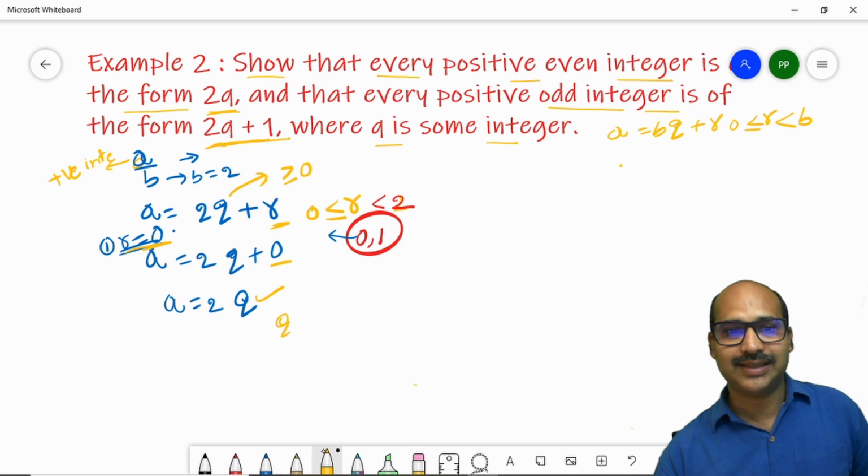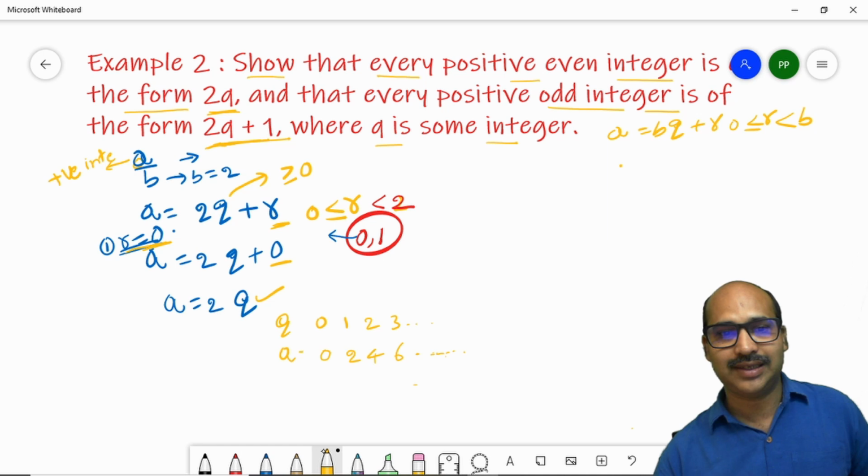So q can be 0, 1, 2, 3 and so on. So what is a? 2 into q, here 2q. So 2 into 0 is 0, 2 into 1 is 2, 2 into 2 is 4, 2 into 3 is 6 and so on. If q is equal to 0, a is equal to 0. q is equal to 1, a is equal to 2. q is equal to 2, a is 4, q is 3, a is 6 and so on.